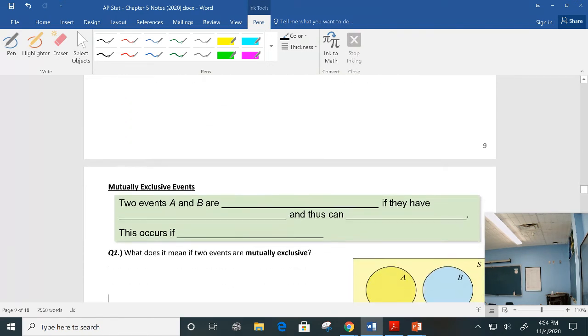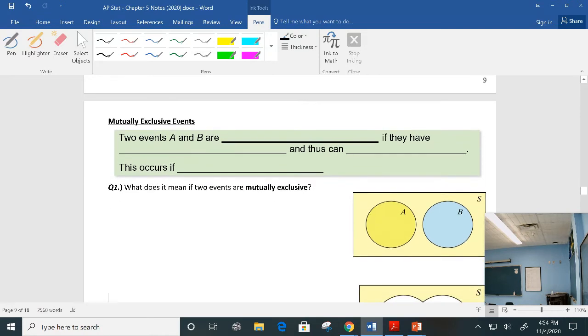To further define it, two events are mutually exclusive, or disjoint, if they have no outcomes in common. They cannot occur at the same time; they can never occur together.